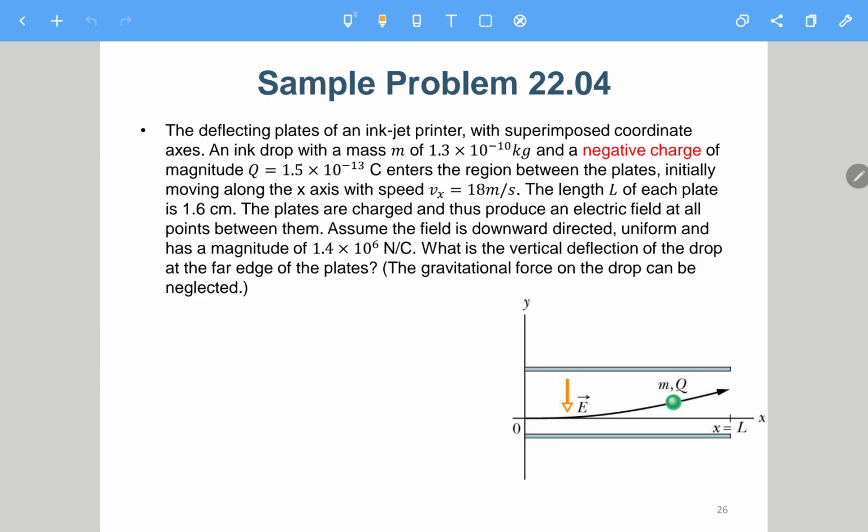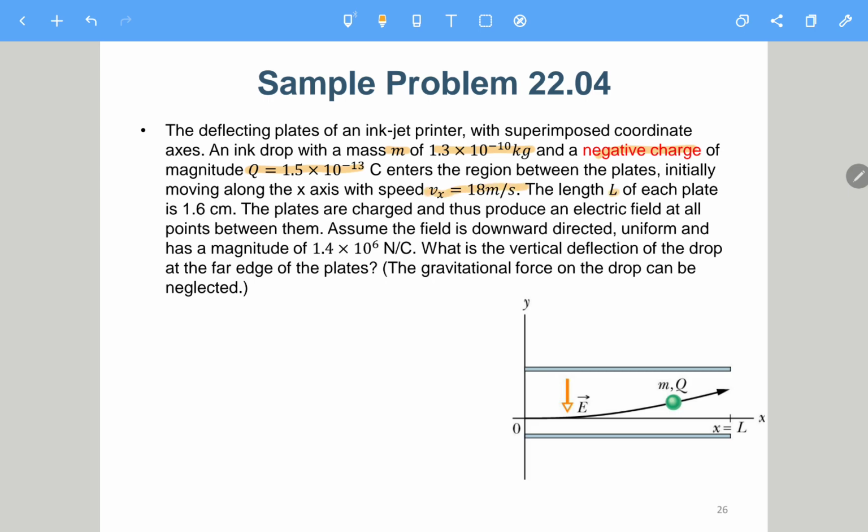Okay, so it says the deflecting plate of the inkjet printer, with a superimposed coordinate axis, and an ink drop with a mass of this value, very light, and a negative charge of negative Q, capital Q, enters the region between the plates, initially moving along the axis with a speed Vx.